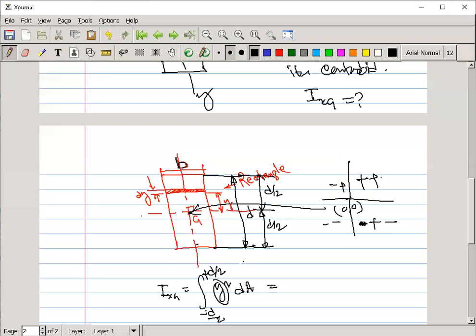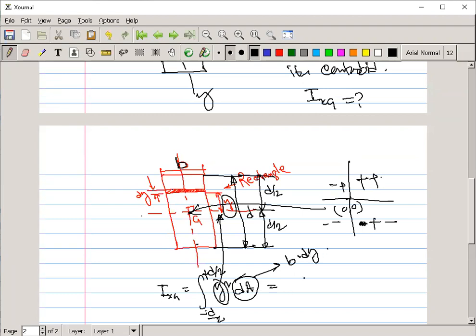How can we identify this? We identify it by y square. See here, y square is this one, and dA is nothing but b into dy.